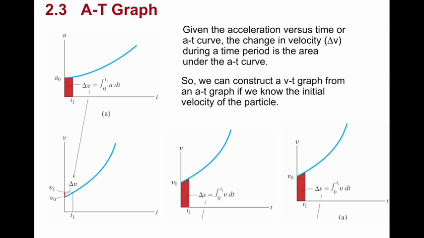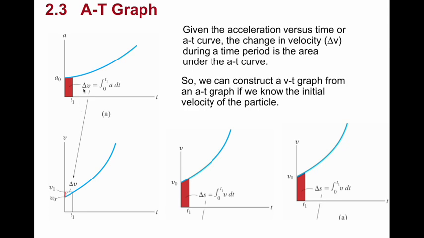Then if I want to go backwards, if I have the acceleration and I want to find the velocity, we saw that we need to integrate. The definition of integration is the area under the curve. If you take an interval, for example between 0 and t1, and find the area under the curve, you will find the change in velocity.